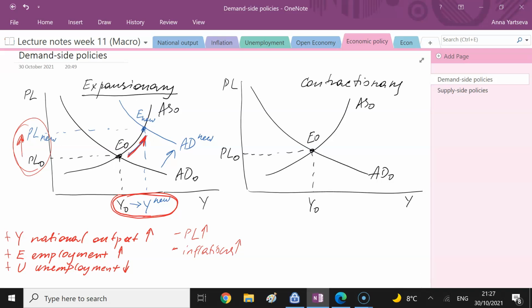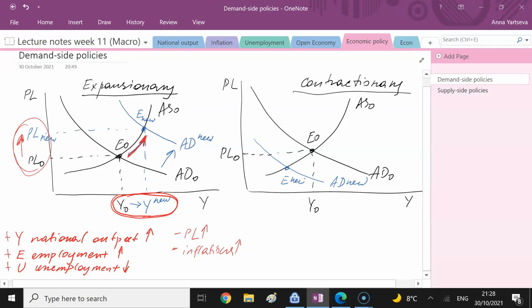On the other hand, the government policymakers can choose to implement contractionary policy in order to combat inflation. And this is exactly how it's done. If increasing aggregate demand stimulates inflation, then apparently a reduction in aggregate demand should lead to lower inflation levels.